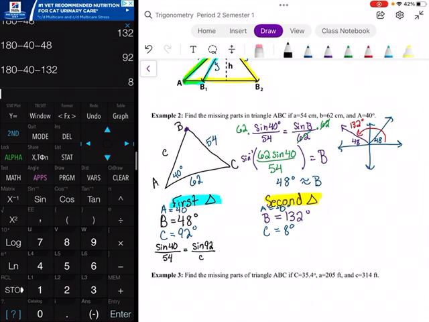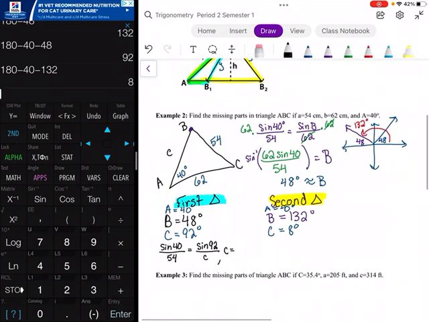And from yesterday, if you rearrange this equation, you would end up with C equals 54 sine 92 all over the sine of 40. And you can just go ahead and type that into your calculator.